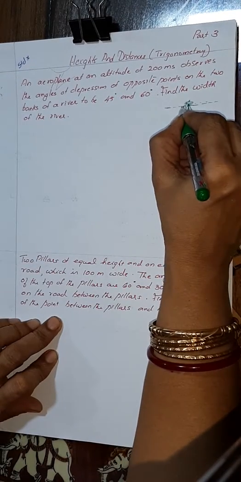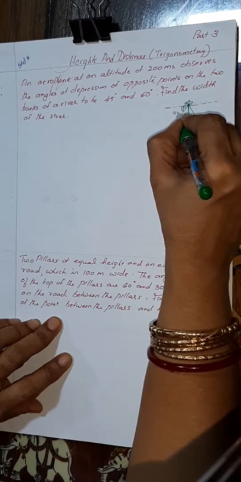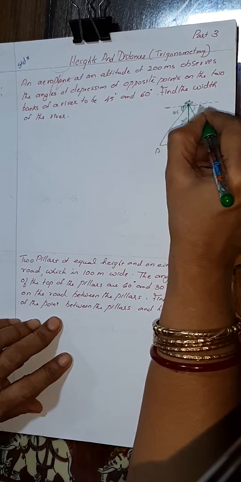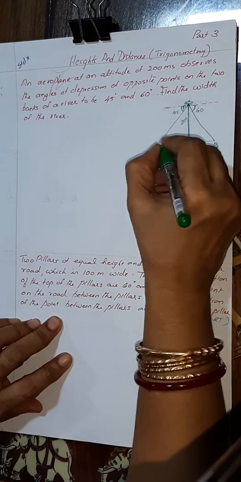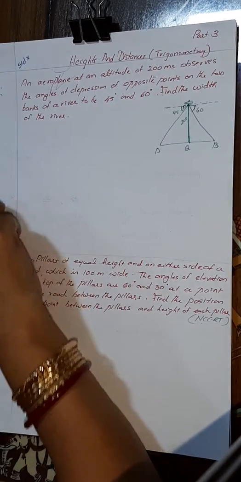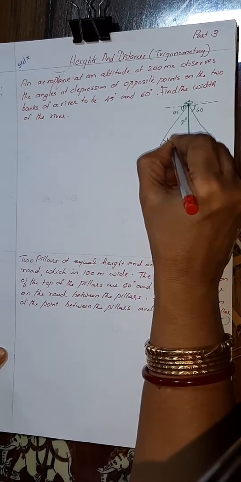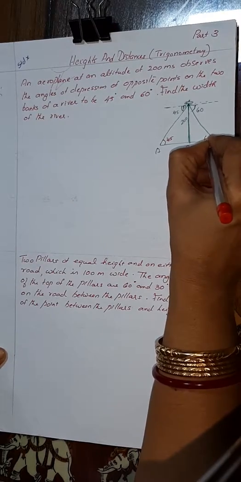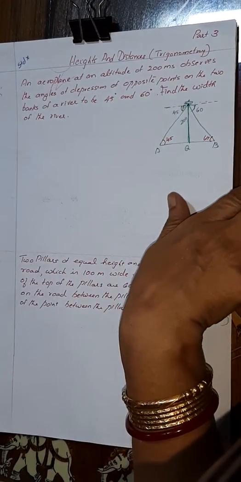So this angle is 45 degrees and this is 60 degrees. So automatically this will become 45 and this will become 60. Now find the width of the river.